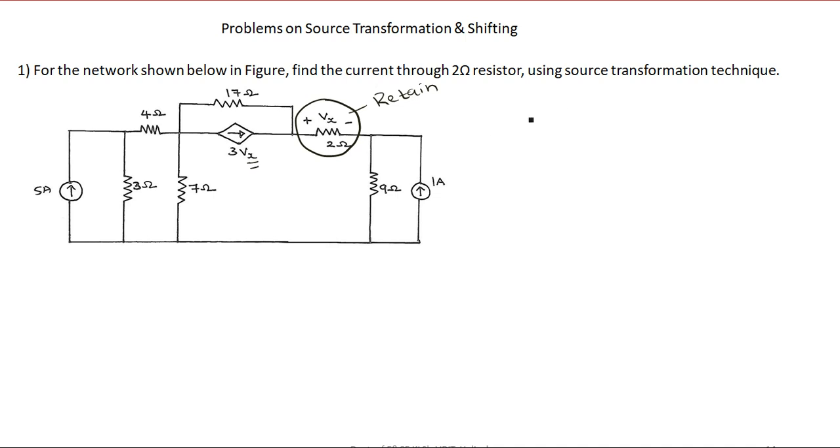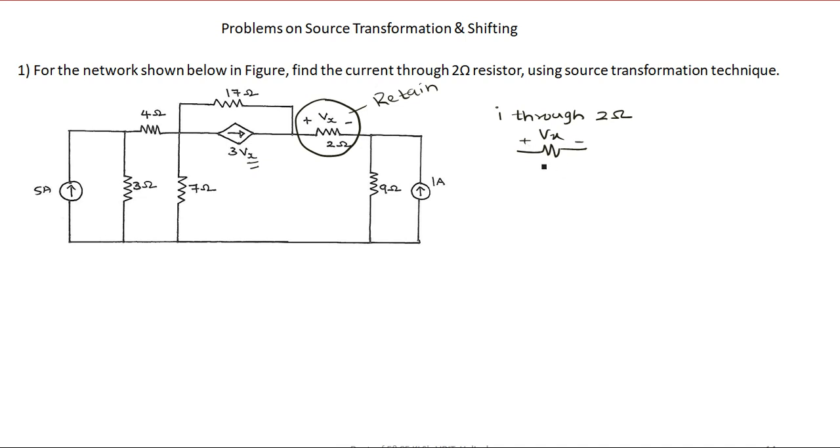Let us first observe the circuit. These observations we have done. And what is the requirement? We need to find the current, so we need to define the current here, the current through the 2 ohm resistor. How can we define it? We have plus and minus and Vx.